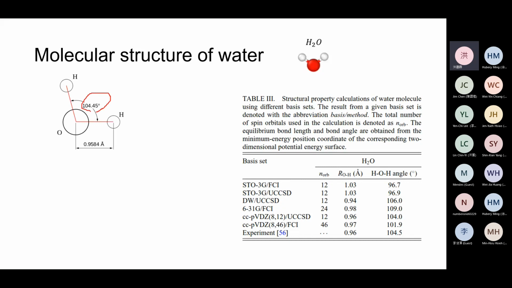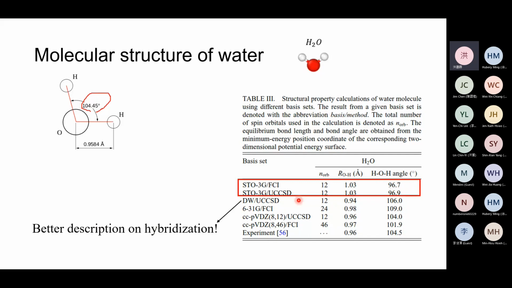But if we scan the potential energy surface of OH bond length and HOH bond angle with STO-3G, we can see that the STO-3G result is unrealistic. The bond angle is smaller than 100 degrees. In contrast, the minimal basis Daubechies wavelet molecular orbital provides significant improvement in predicted bond length and bond angle when compared to the experimental value.